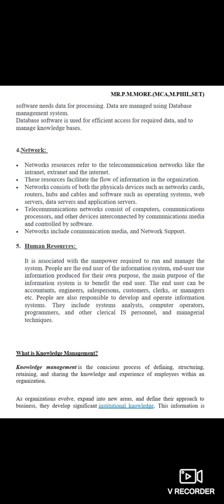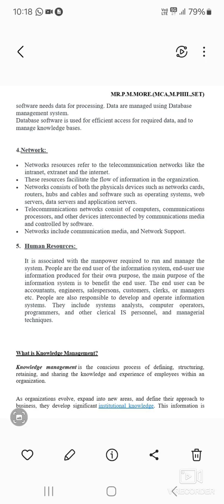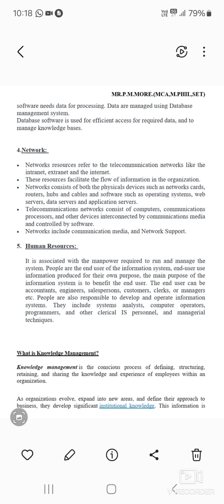Telecommunication network consists of computers, communication processors, and other devices interconnected by communication media and controlled by software. Networks include communication media and network support.